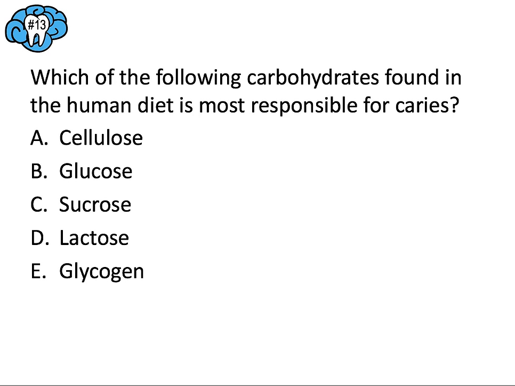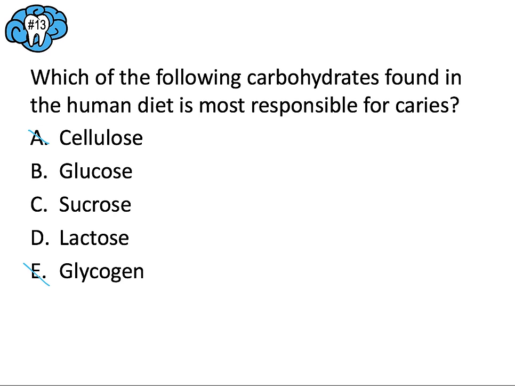So let's rule out some incorrect answers. Cellulose and glycogen are complex polysaccharides that cannot be broken down in the mouth, and bacteria can't digest them either. So those are not going to be what we're looking for in this answer.